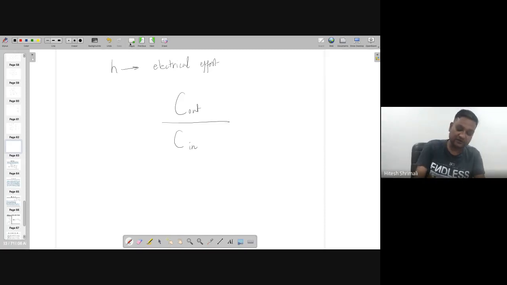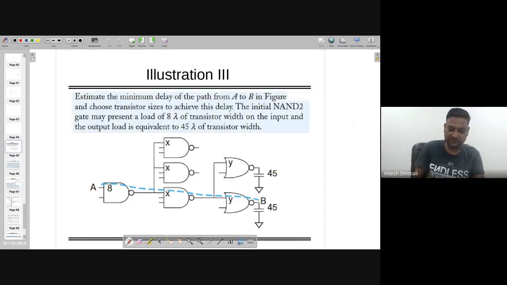But if you are interested in different stages creating a path, like in this case there is a path from point A to B, or point A to C, or maybe point A to D, all have some path.